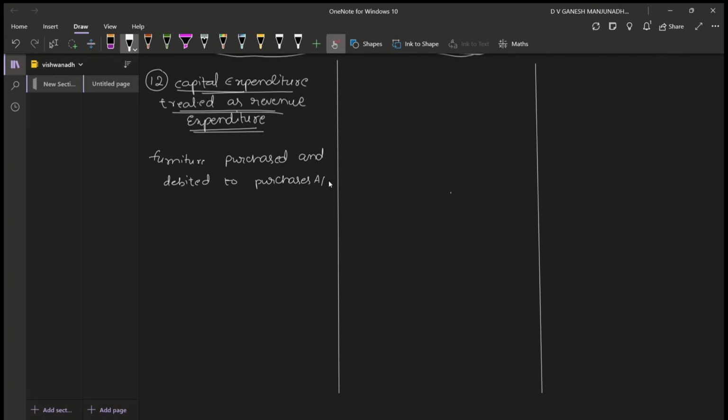Furniture is actually an asset. This is a capital expenditure, but as it is debited to purchases, it is taken as revenue expenditure. Capital expenditure is now treated as revenue expenditure.